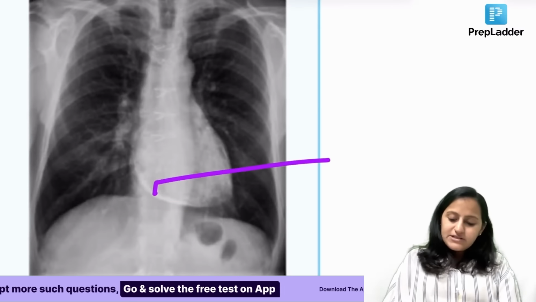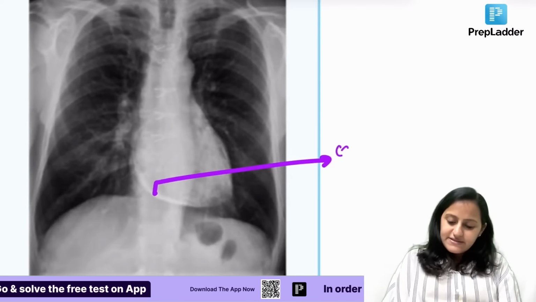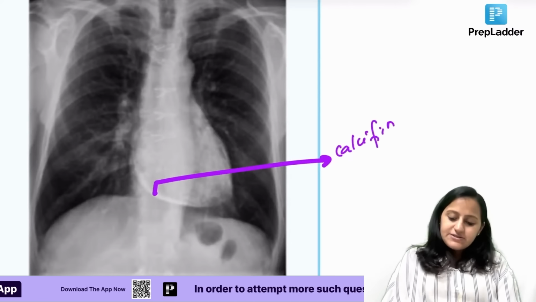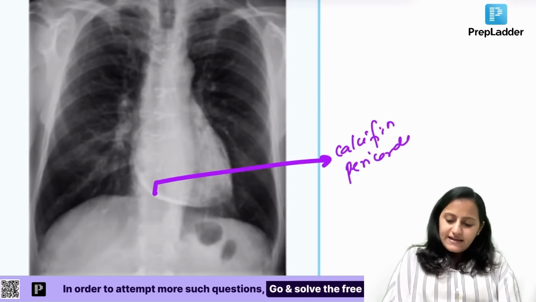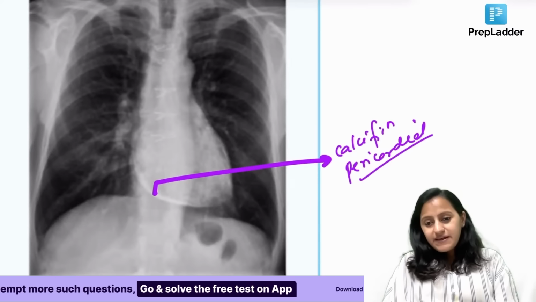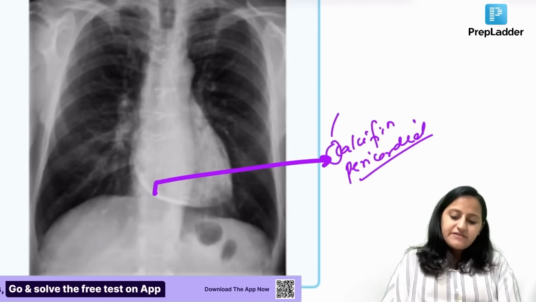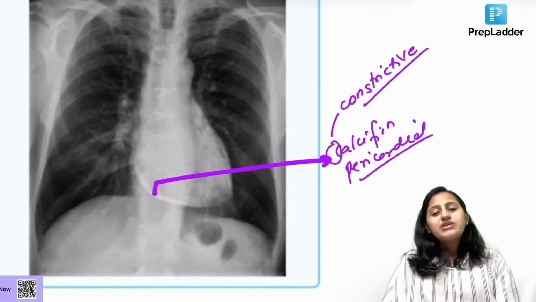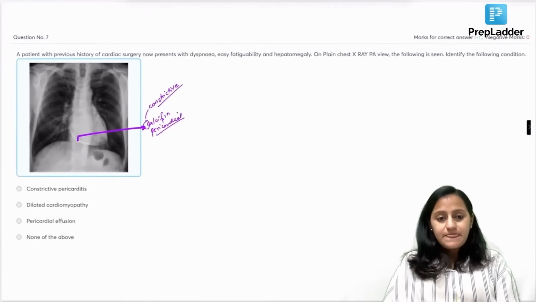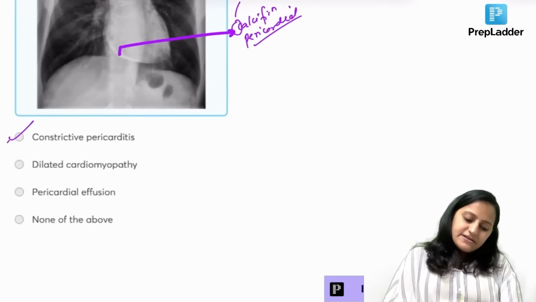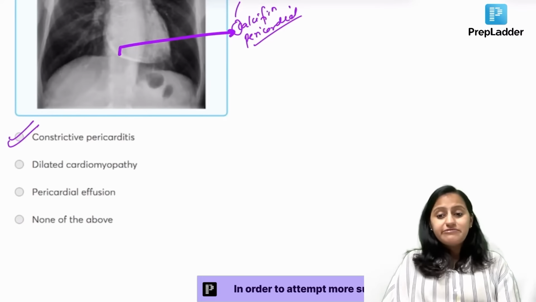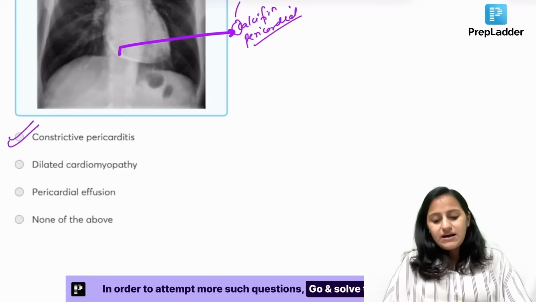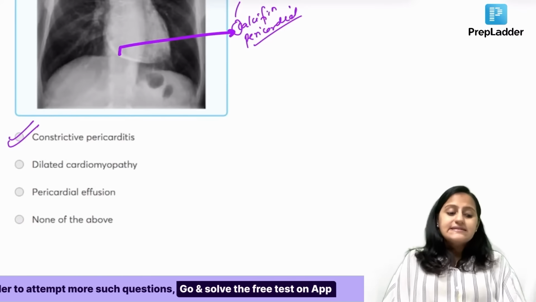What is white on X-ray? White on X-ray is calcification. So this is the pericardial calcification. Very good. Calcification, C for C, calcification of the pericardium is seen in constrictive pericarditis. So the answer here is constrictive pericarditis.